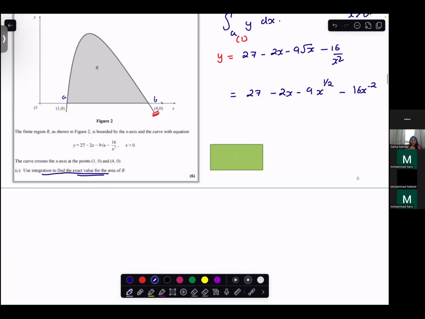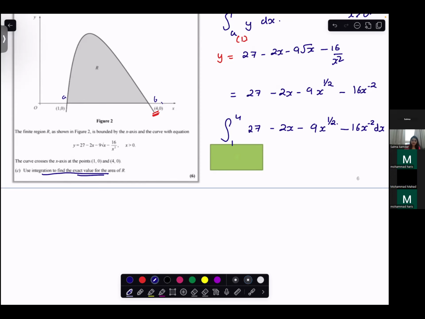Now it is perfect for me to do my integration. Now I will write, I'm integrating between 4 and 1. I hope you're doing along with me. I'm integrating between 4 and 1, 27 minus 2x minus 9x to the power half minus 16x to the power minus 2 dx.